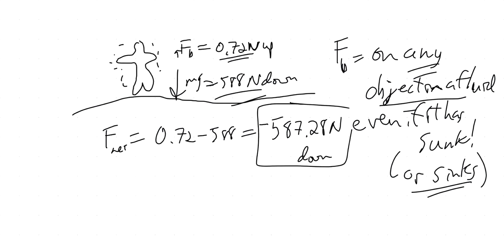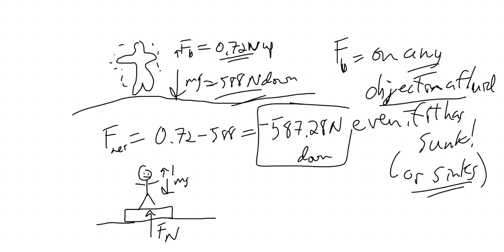So if I stand on a scale, careful, yes, we referred to pressure forces like buoyancy as normal forces, but there's another normal force if I stand on the ground or stand on a scale. That's the ground, not air pressure, a separate normal force, right? And I'm standing here. I have mg down, Fb up, and Fn.